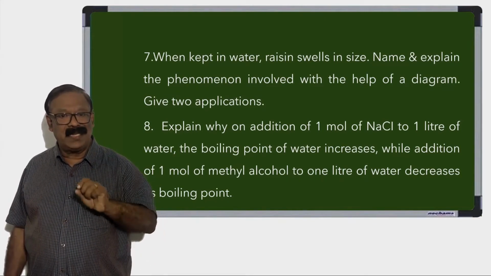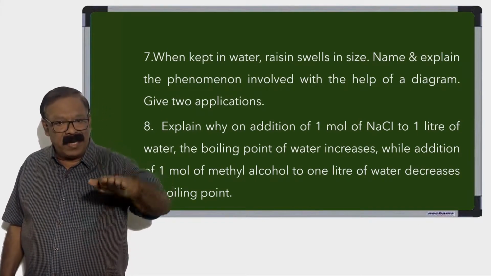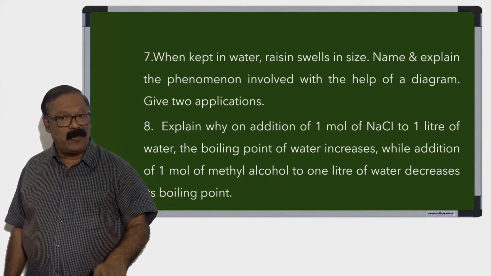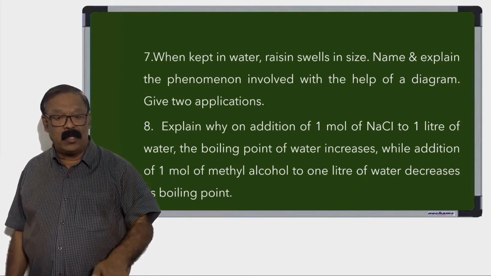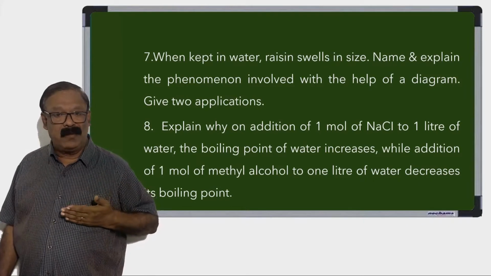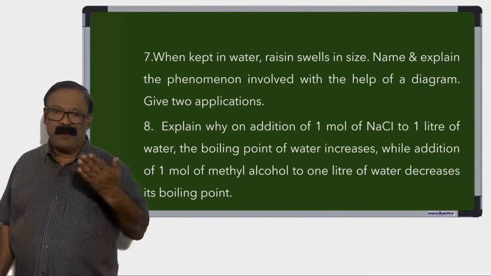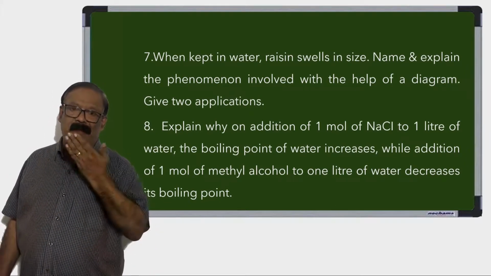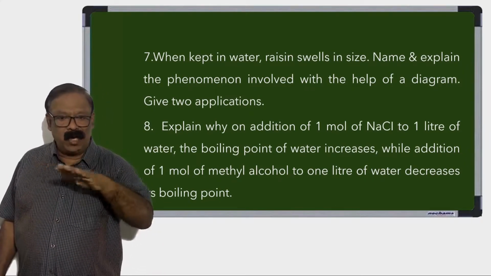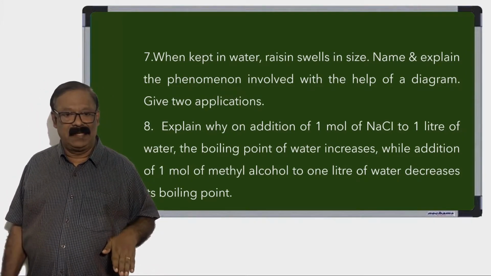The vapor pressure decreases. That is what is called lowering of vapor pressure, and so the boiling point will increase. Now, methanol is a volatile liquid, so vapors will contain vapor of methanol as well as vapor of water. So the total vapor pressure increases, so the boiling point will decrease.